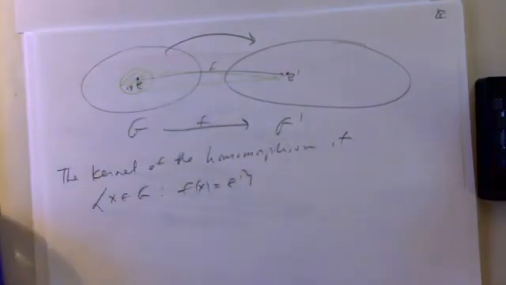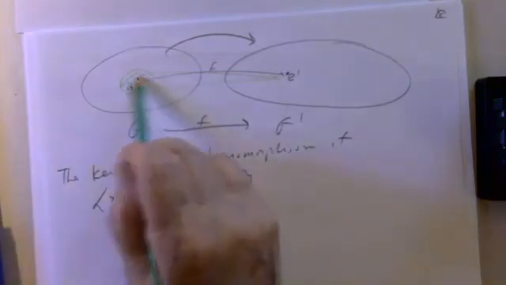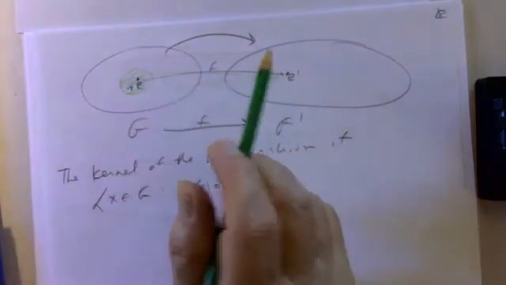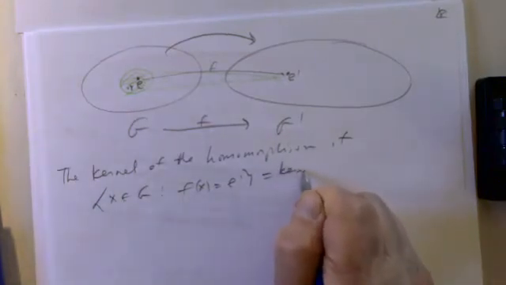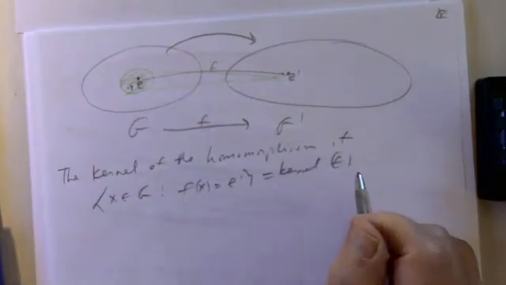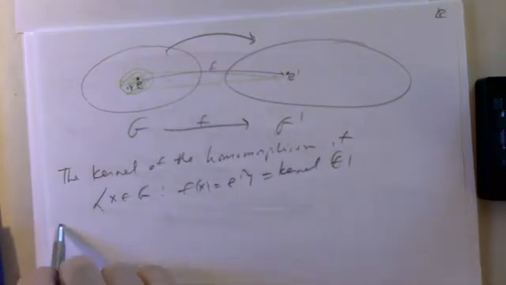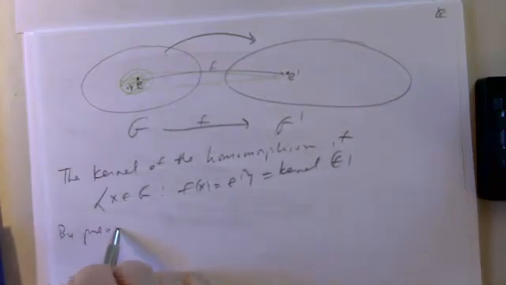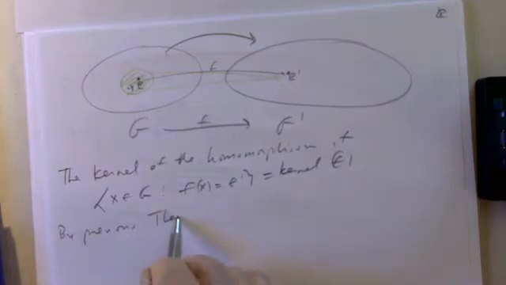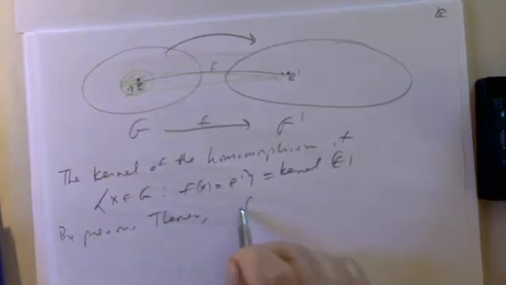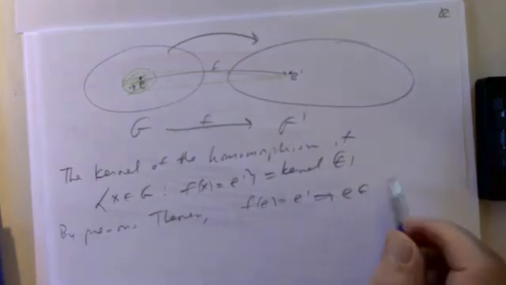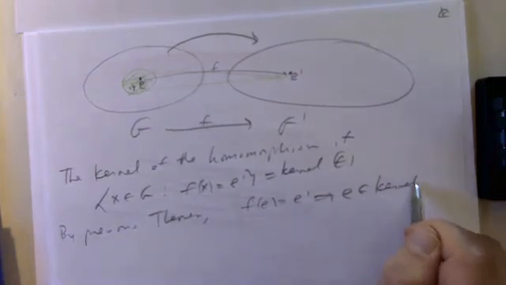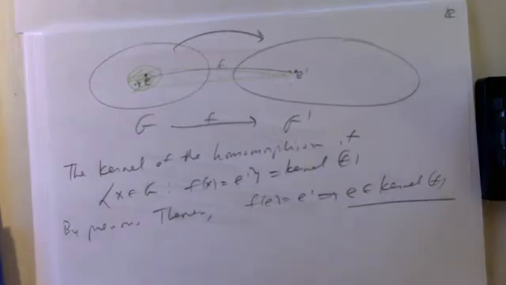It's everything in the group G that gets mapped to E prime. This is what is called the kernel of the homomorphism f. And by the previous theorem, we have that f of E is E prime. So E is certainly an element of the kernel of f.